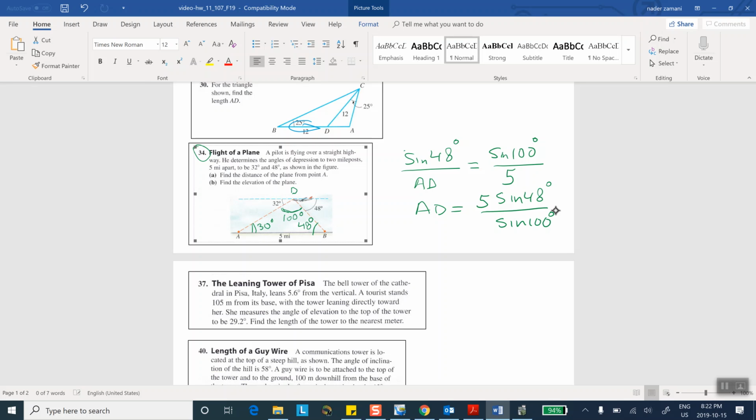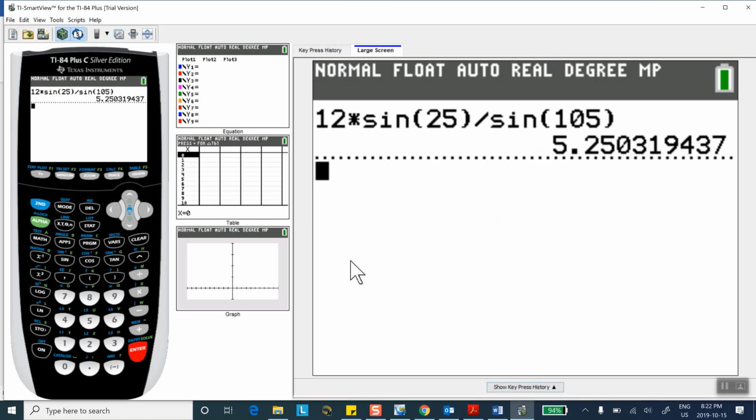Let's go put that stuff in our calculator. So we go here: 5 times sine of 48, close the parentheses, divided by sine of 100.